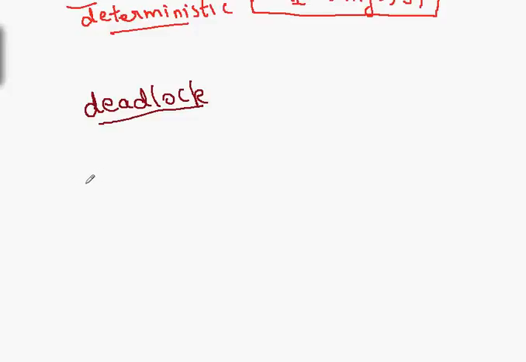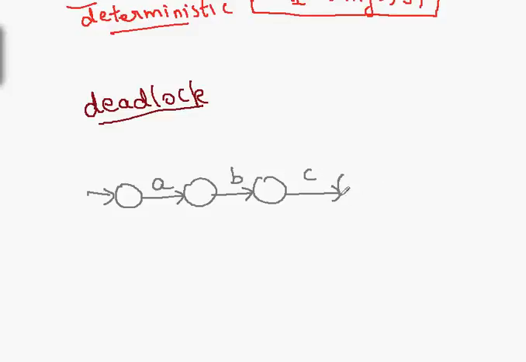Consider this labeled transition system which can make three actions, A followed by B followed by C. From the initial state, if there is action A, it will go to state S2, and from S2 if there is action B, it goes to state S3. From S3 with action C, it goes to S4.